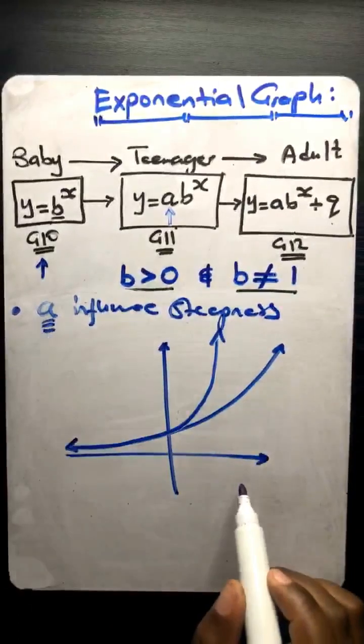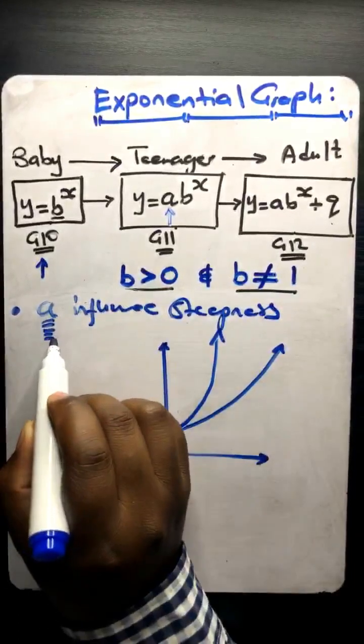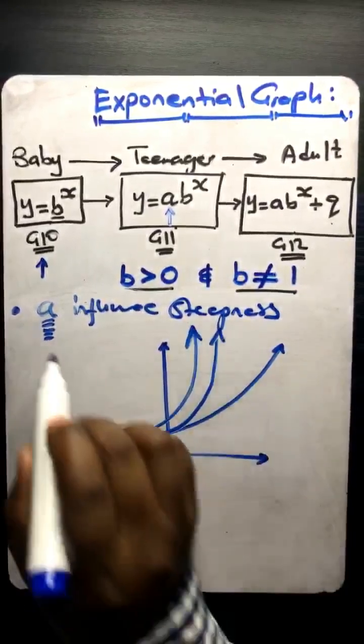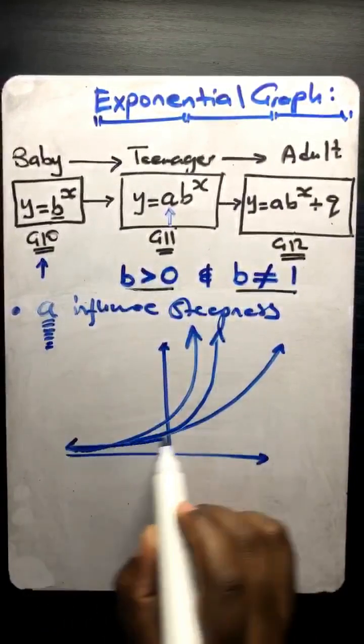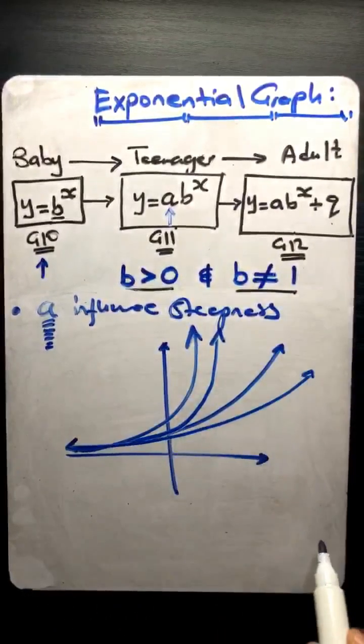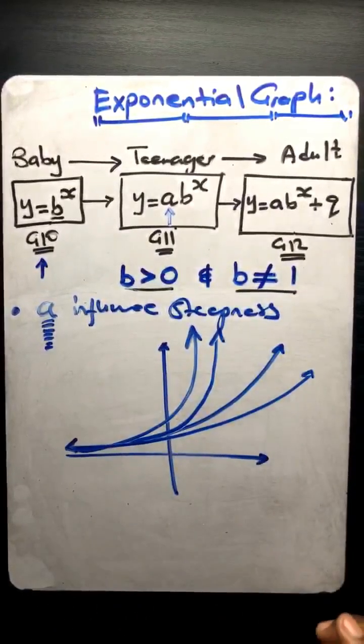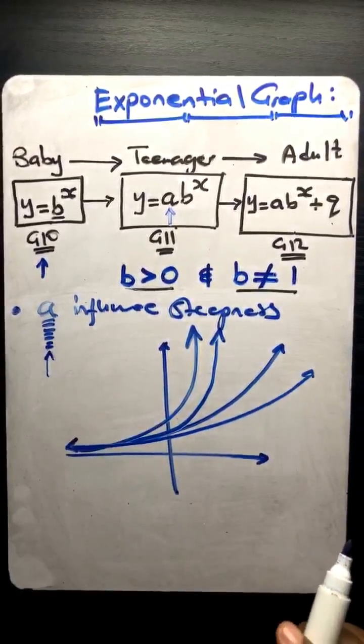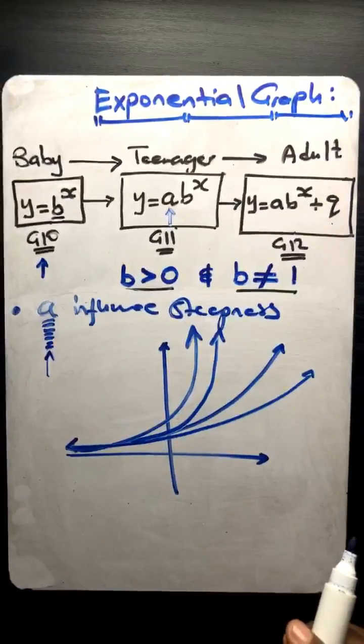You might find that the bigger the A value, the bigger the steepness or slope. The smaller the A value, the opposite of steep, could be gentle. I'm pretty sure that you guys have an idea of the impact of that A value. For now, you don't need to worry that much about that.